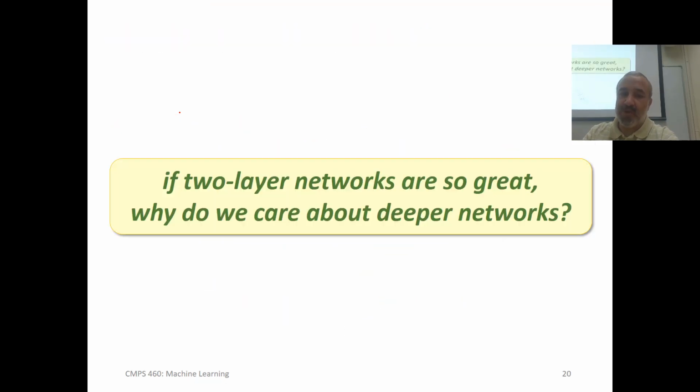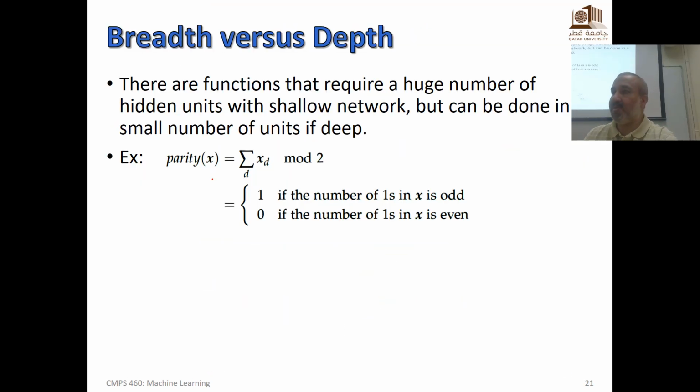For some problems, like this one that is also explained in the textbook, if you want to build a neural network classifier to solve it, then you need an exponential number of hidden units if you just use two layers.